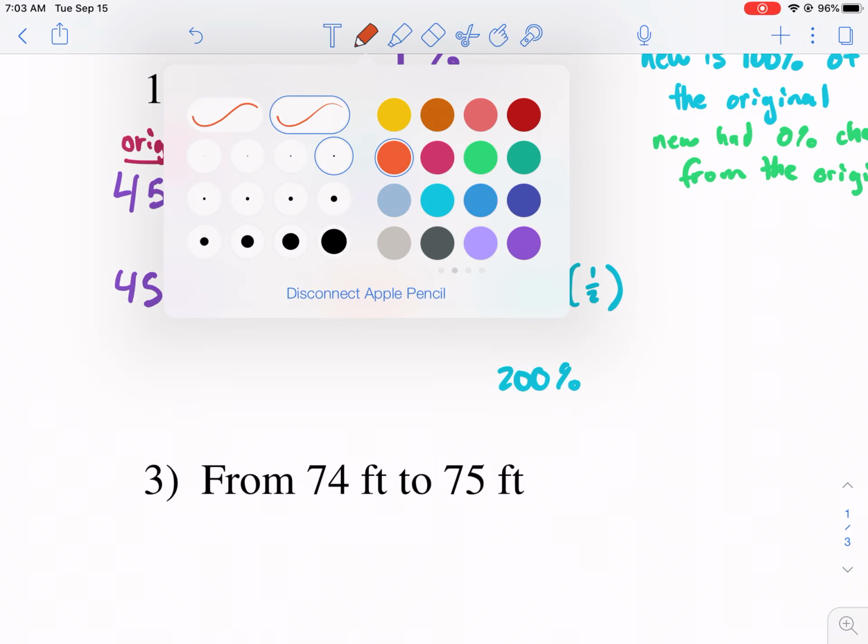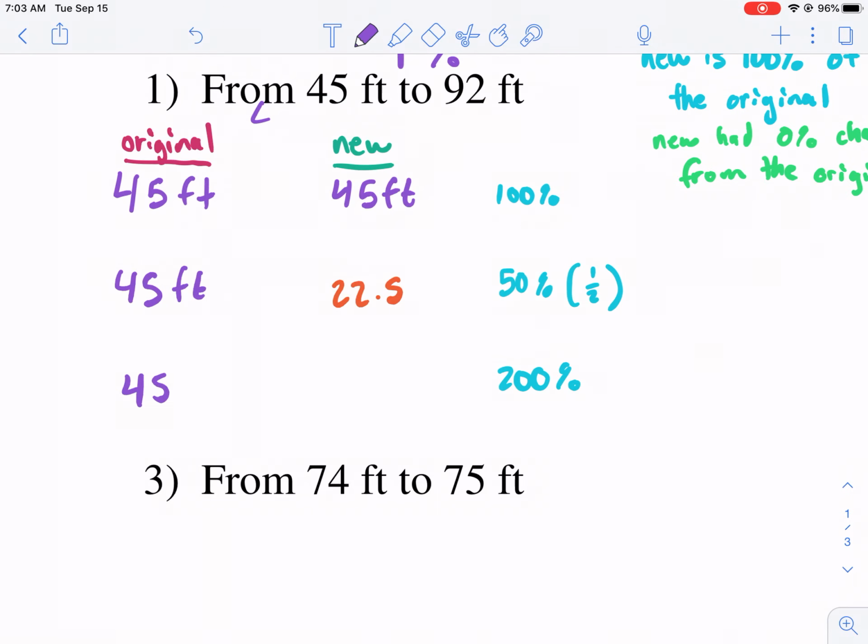So if we started at 45, this is your original amount, and we had 200%. Well, the decimal form of 200 is 2. So we multiply this by 2, and we get 90 feet. So anytime you see 200%, that is double. So 200% is double the original amount.